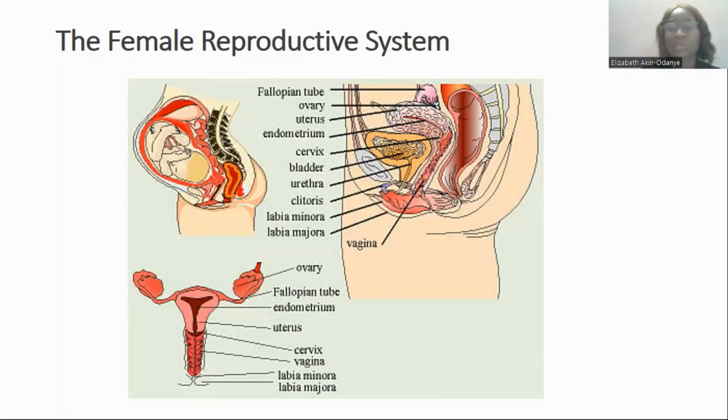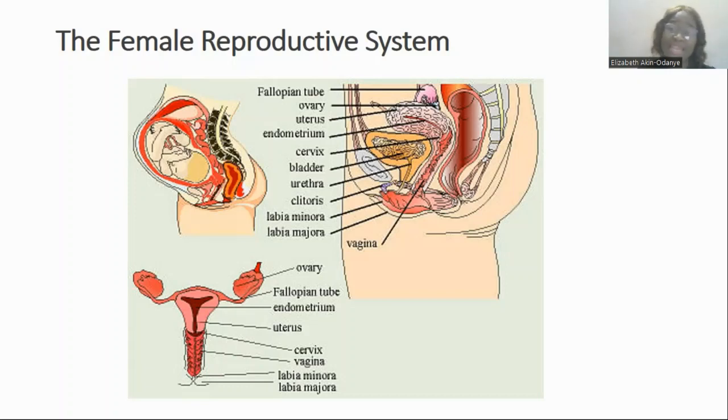The same luteinizing hormone that causes the egg to be released into the abdominal cavity also stimulates the remaining follicle cells, those that did not mature into eggs, and turns them into corpus luteum, which then secretes progesterone.